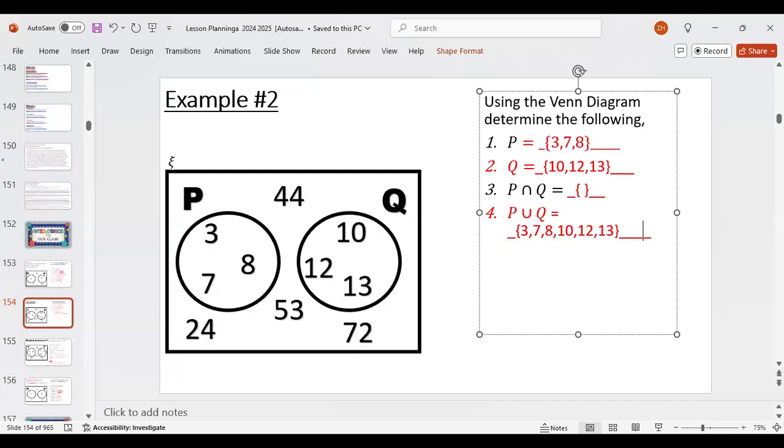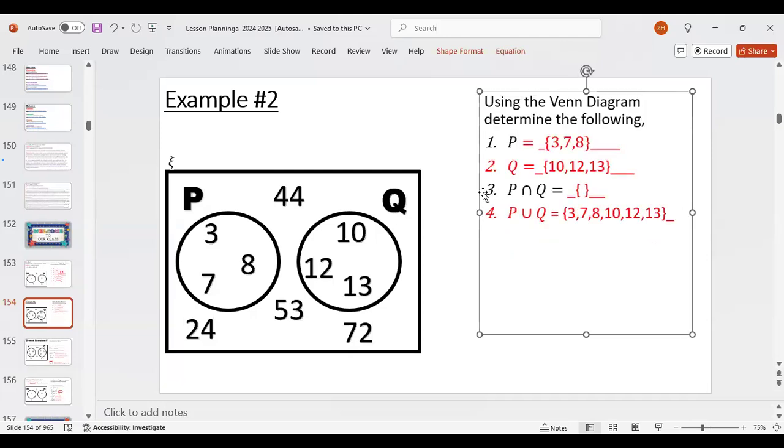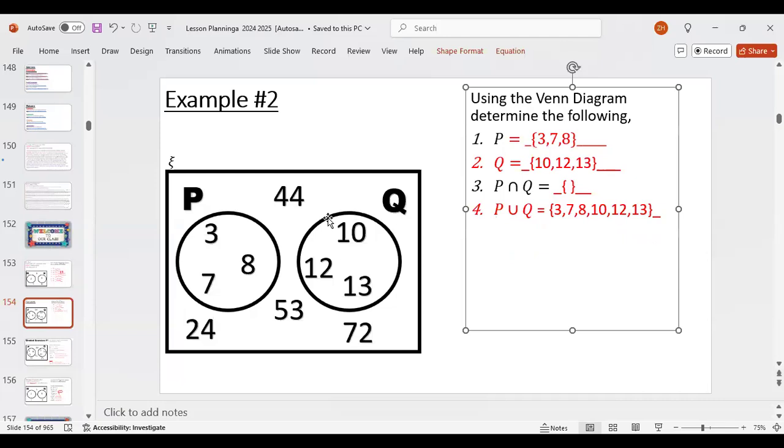All right. Fiani, do you understand this? I can't hear from Fiani. Deontay Smith, you understand this? Yes, sir. Okay, how do we get the union? We got the union by adding the numbers in set P and set Q together.